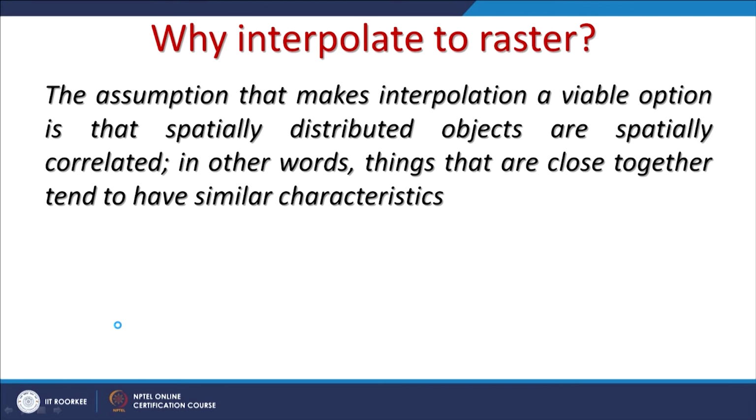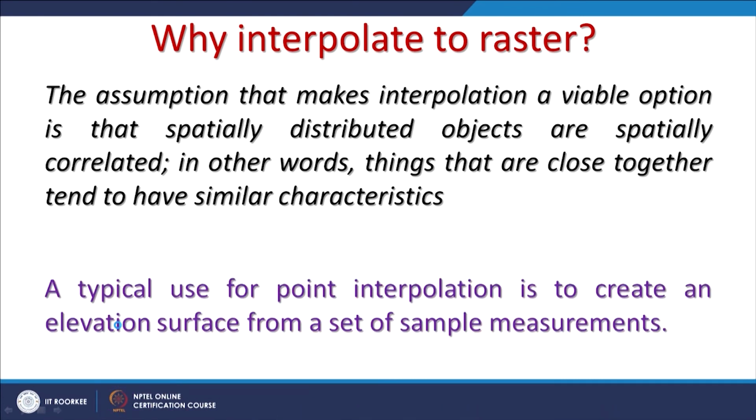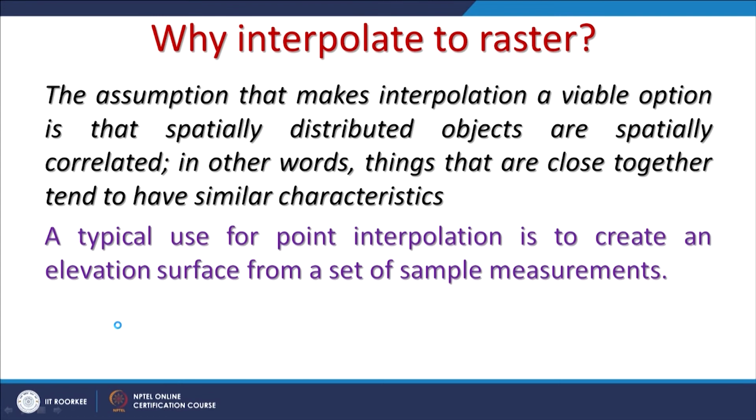In other words, that is Tobler's law of geography: things which are close together tend to have similar characteristics, and this is what is exploited in interpolation. Though we say spatial interpolation, in general it is also a point interpolation, and it is used to create a surface where measurements are not possible.